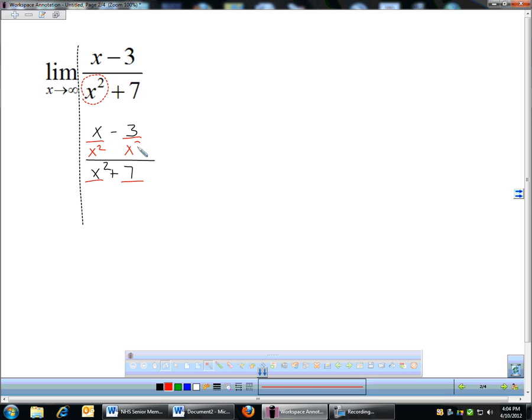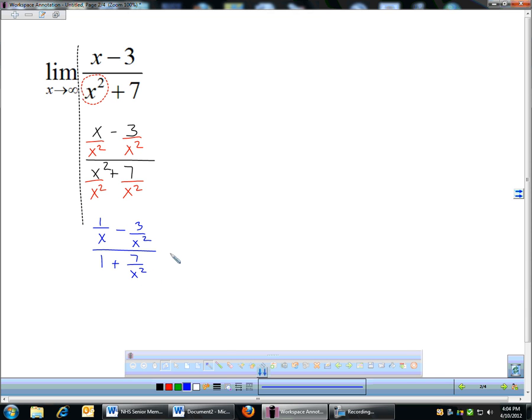When I do that, x over x squared reduces to just 1 over x, minus 3 over x squared doesn't reduce, over x squared over x squared is just 1, plus 7 over x squared doesn't reduce.